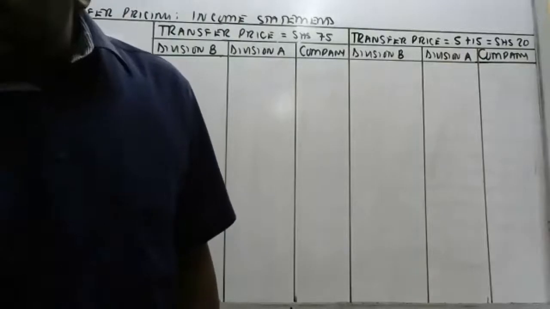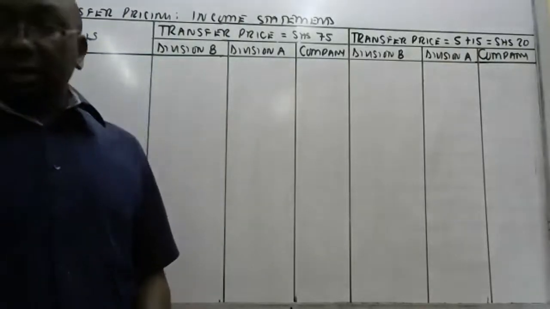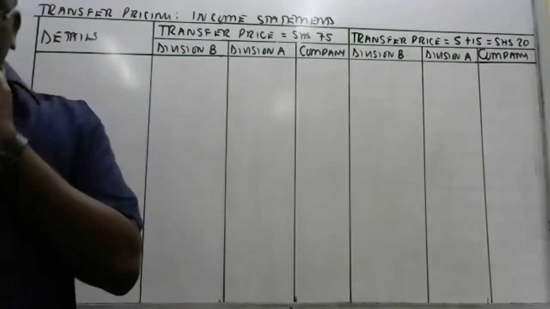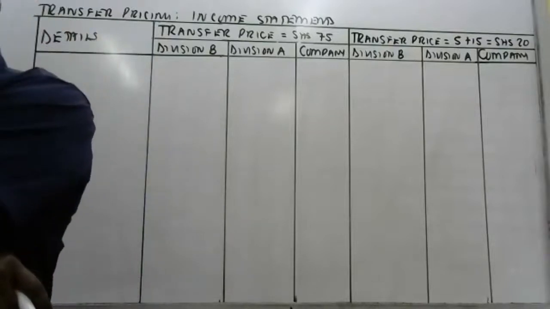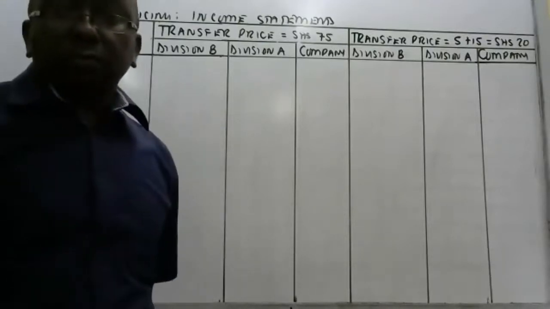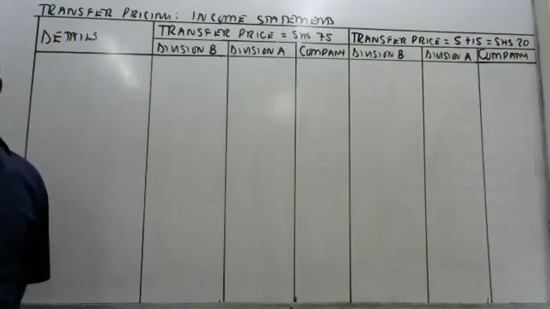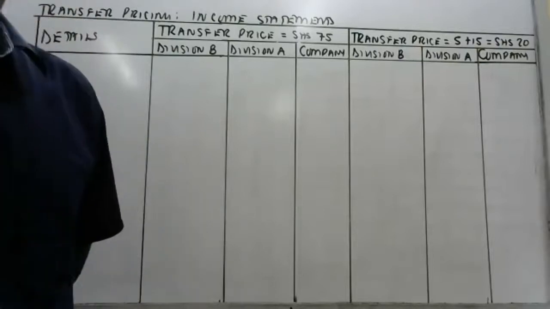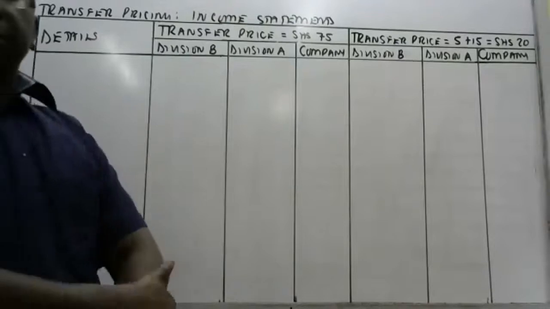Only 9 people are saying they are through. It's taking too long. Hey, you are taking too long to draw the table.